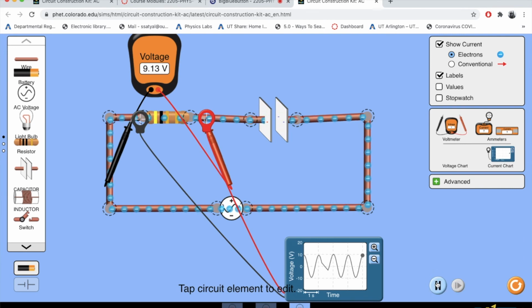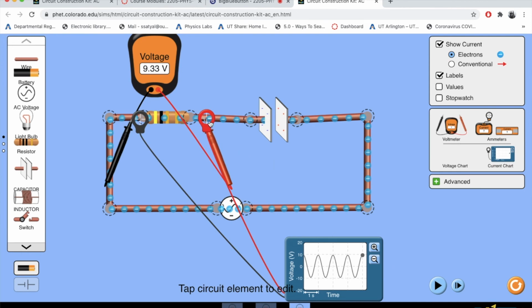That's even lower. 8.59. 8.78. I'm getting lower and lower. Okay, 9.33. That's the maximum I can get.